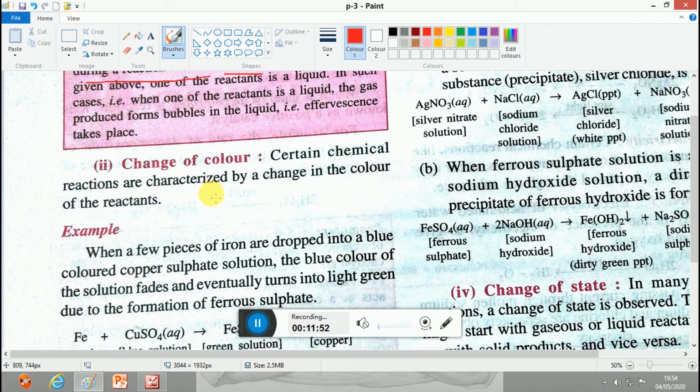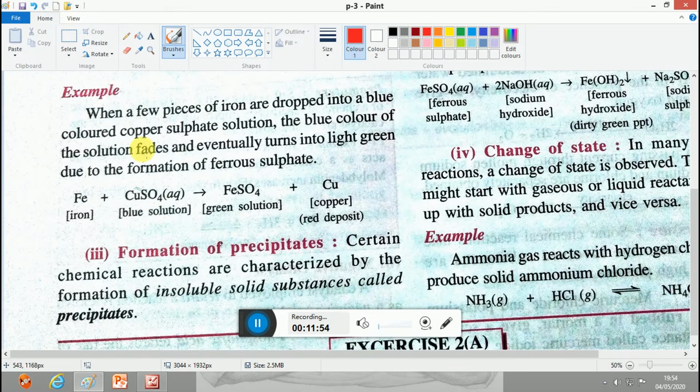Sometimes color changes during the chemical reaction. For example, when a few pieces of iron are dropped in a blue colored copper sulfate solution, the whole solution becomes green, and copper is deposited on the surface of that iron nail.